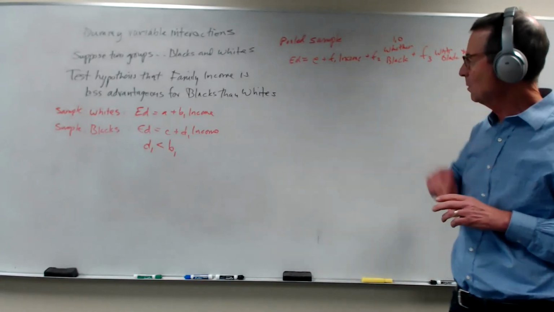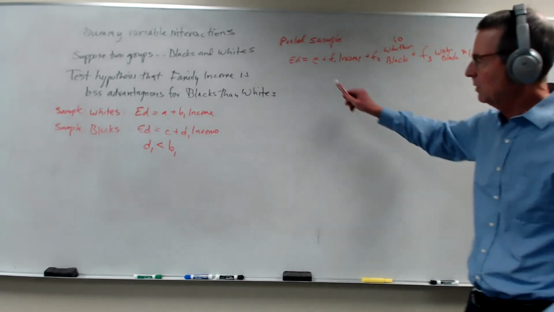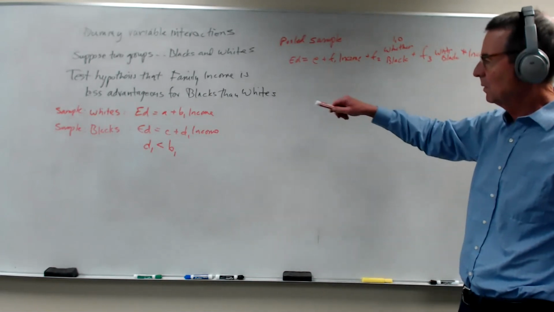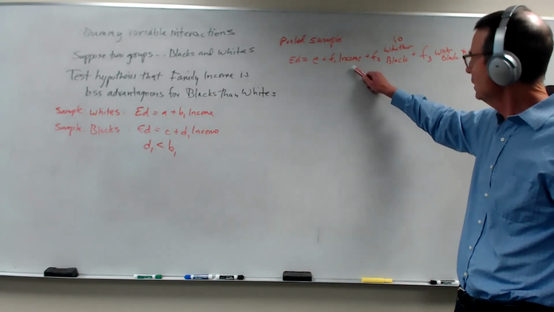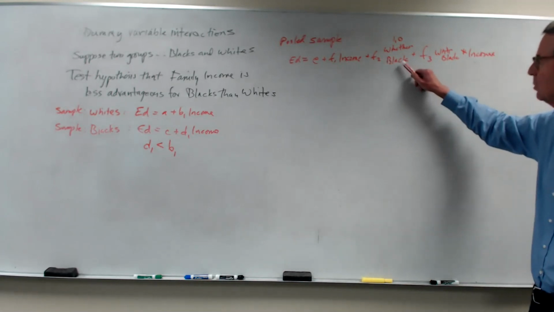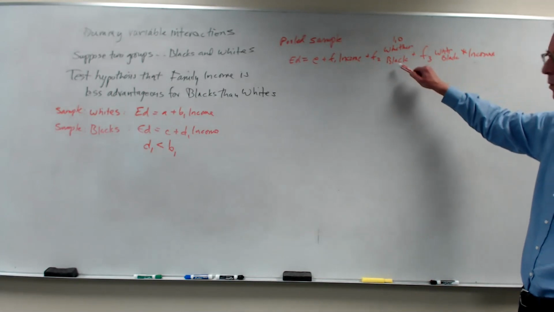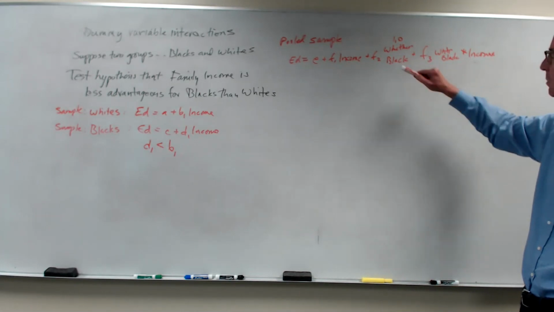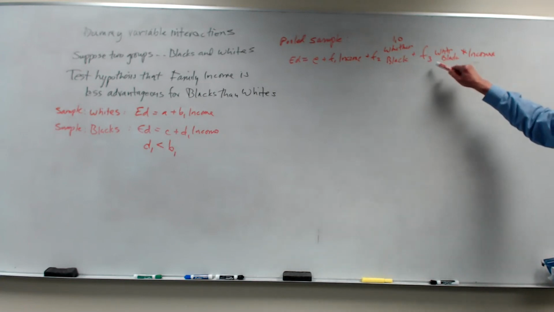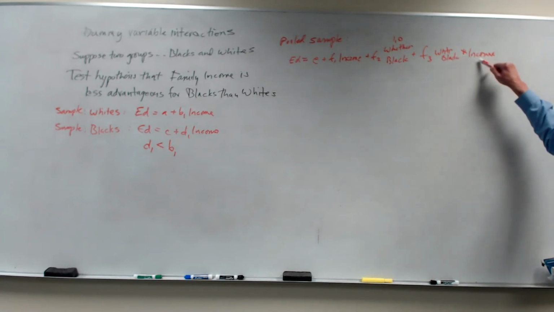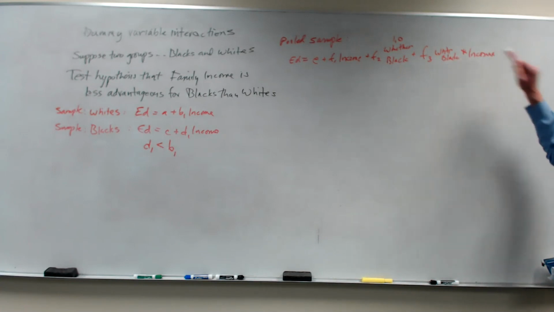Let's combine the two samples and estimate an equation where there's a constant, E, trying to keep the letters distinct here, plus F1 income plus F2, this is a dummy variable, a 1, 0 variable for whether black, where blacks equal 1 and whites equal 0. And then F3 times the multiplicative interaction between this 1, 0 black variable and income.